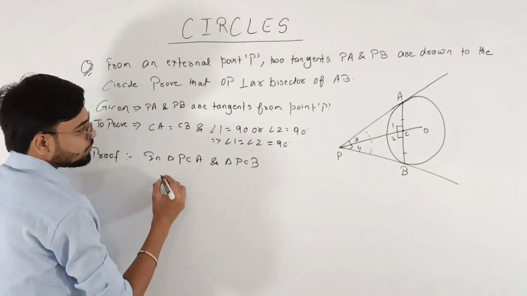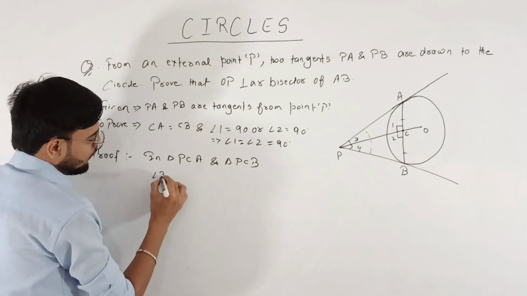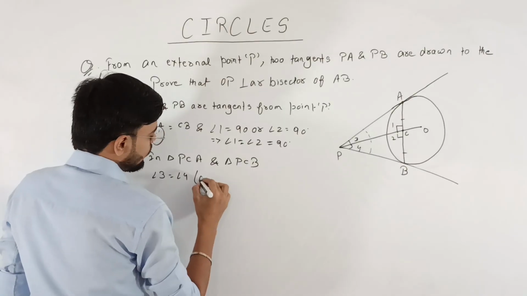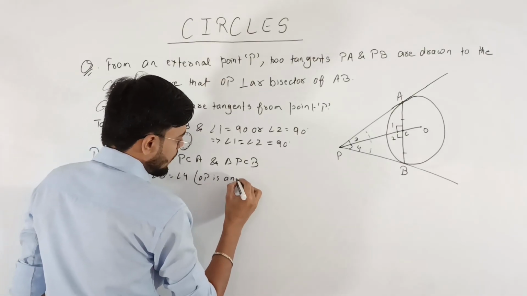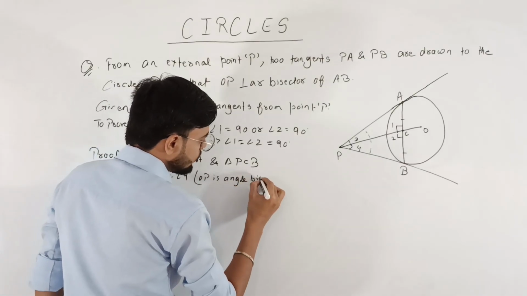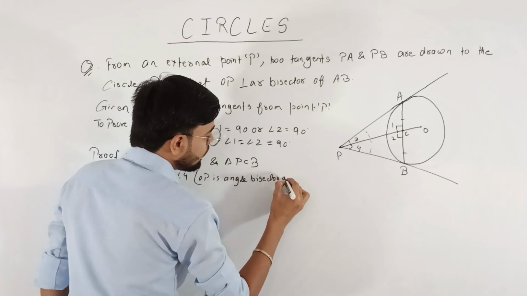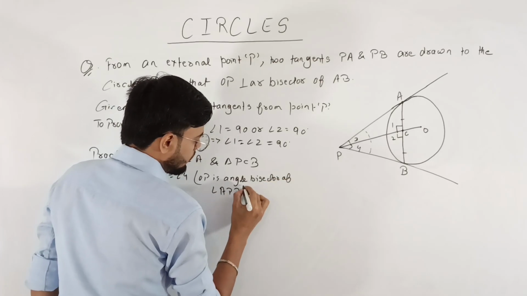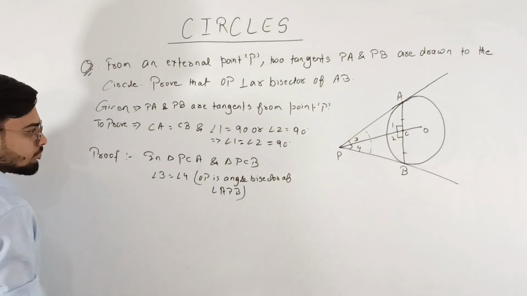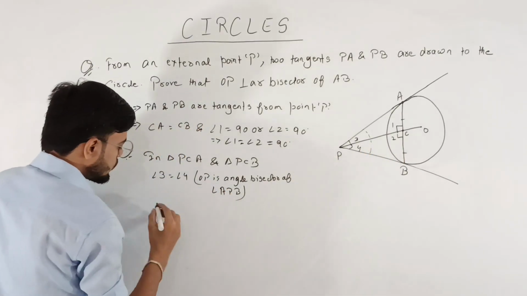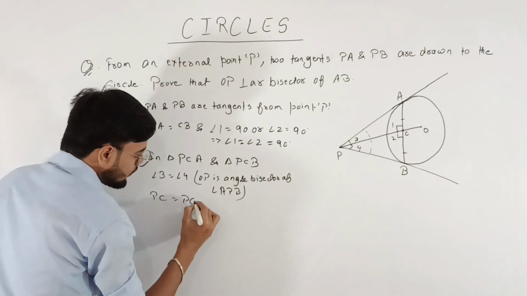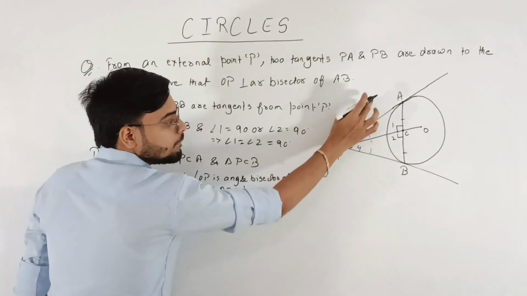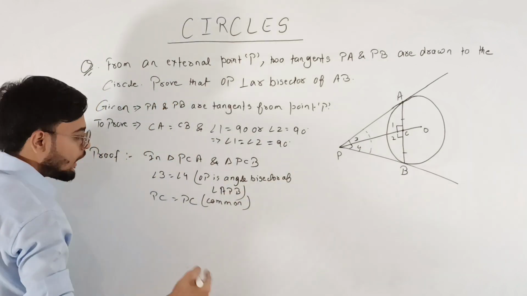So first I write: angle 3 is equal to angle 4. How? OP is angle bisector of angle APB. Now second thing is PC is equal to PC, both are common. Now third thing is PA is equal to PB, tangents from the same point P are equal.